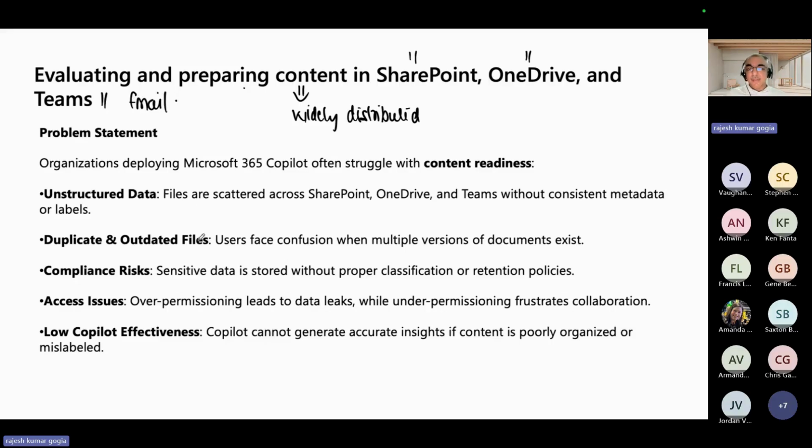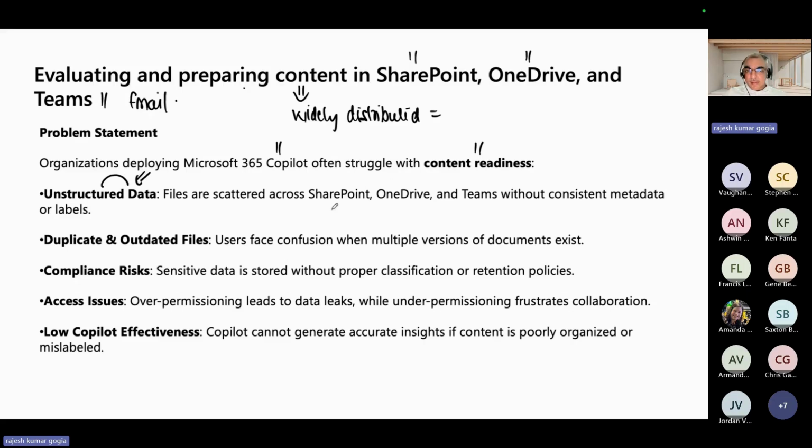It can be anywhere. Now the problem is, organizations want to deploy, but they often struggle with content readiness. My content is not ready. Where is the content stored? It is widely distributed. That means there is a possibility of unstructured data.